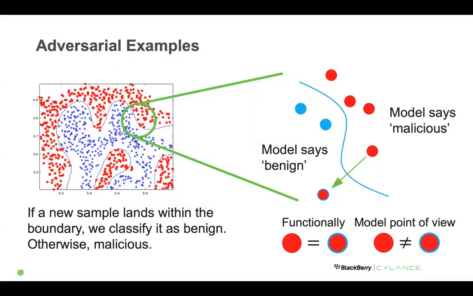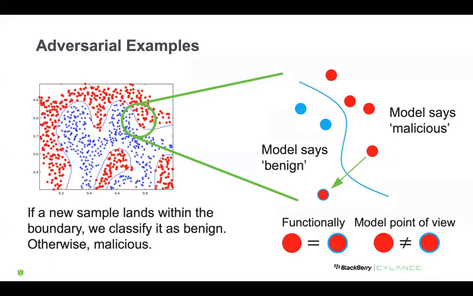Okay, so let's zoom in on a certain part of this decision boundary, the upper right part. If we zoom in, we see our decision boundary in blue and our malicious files represented as red dots on the right and benign files represented by blue dots on the left.